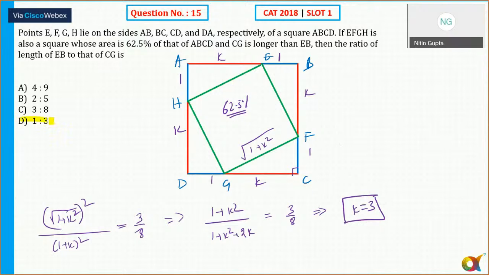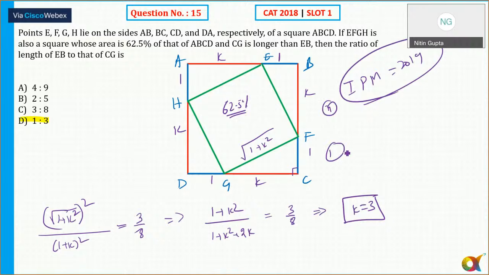Now, exactly the same question was asked in which paper? IPM 2019. We solved the IPM papers a couple of days back. In that case, the ratio was given, that it is divided in the ratio 1:n. If it is divided in the ratio 1:n, then what is the ratio of the areas of these two squares?